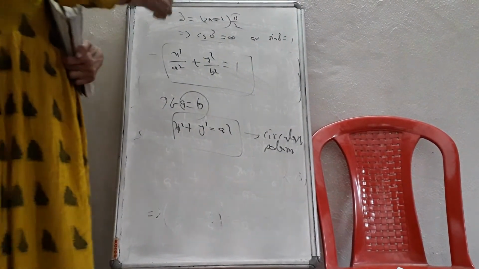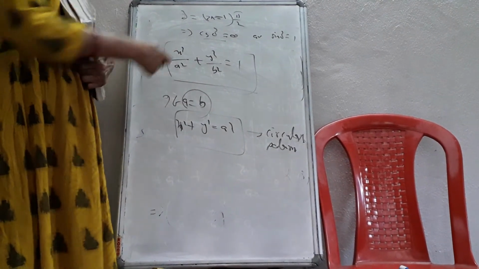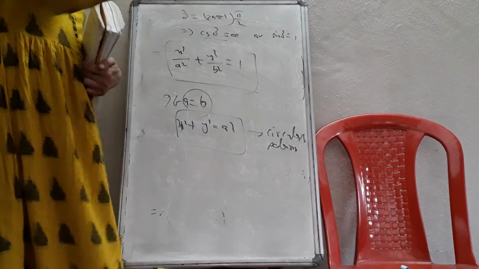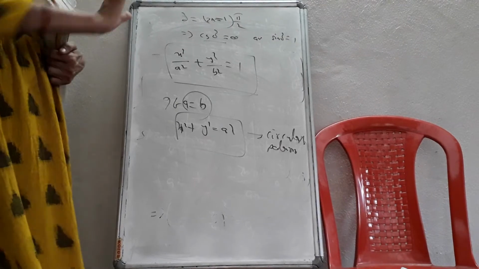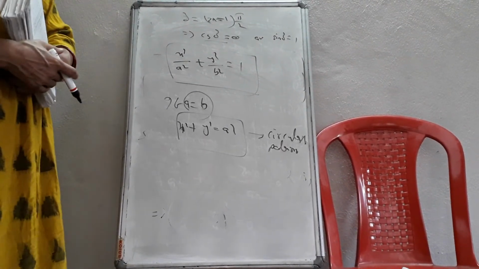If the phase difference is an odd multiple of pi by 2 and the amplitudes are not equal, then it is elliptically polarized light. And if the phase difference is an integral multiple of pi, we get linearly polarized light. So this is all about the theory of these different types of polarized light.